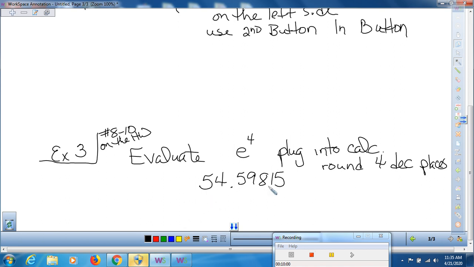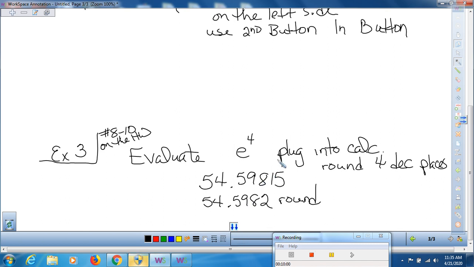If I ask you to round to the fourth decimal place, this is the fourth decimal place. And so if you look to the right, this would take that number up. So if I round, I have 54.5982. Now, there is another word I want to bring up to you.